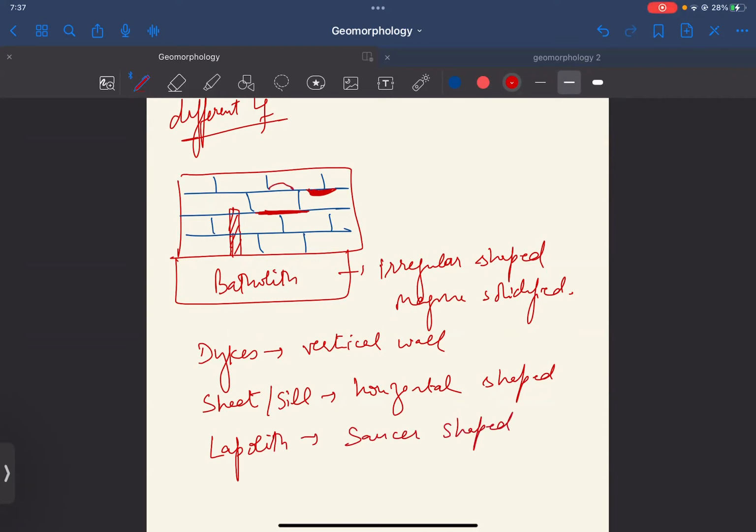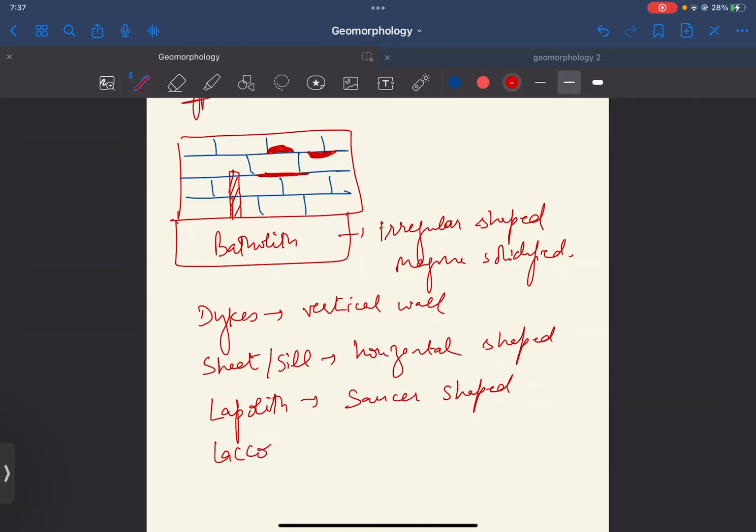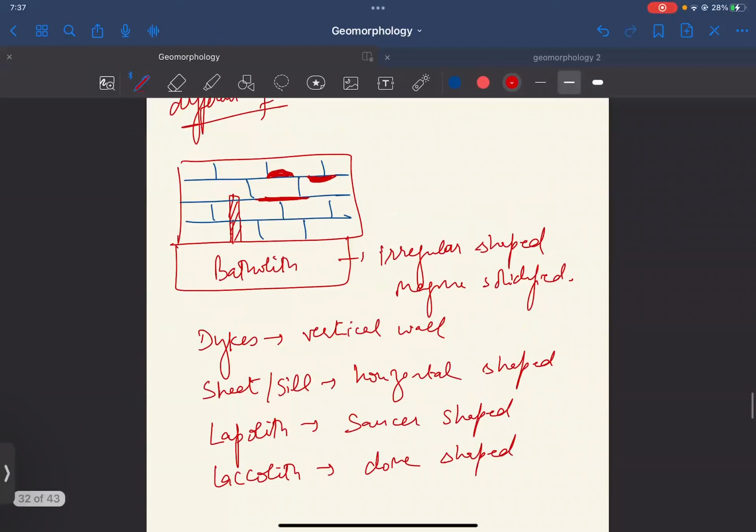They may deposit in the form of a dome also, dome shape. So they are known as laccolith, dome shape. Lastly, in some regions you may find folded rocks in the folded mountains.